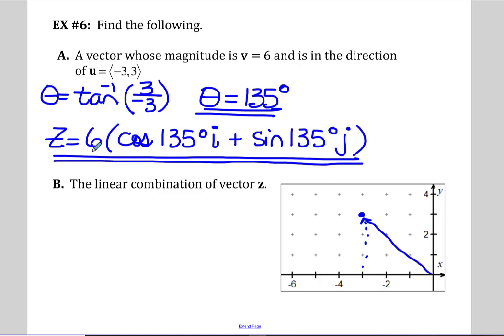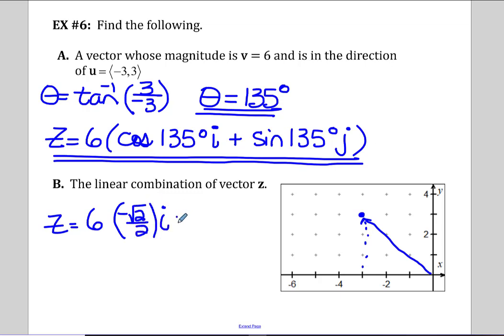So there's my vector in ai plus bj format, but I want to write the linear combination of that. So the linear combination would be similar to our last lesson. What was the cosine at 135?